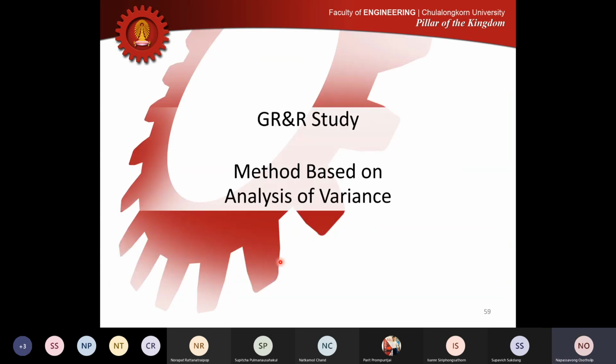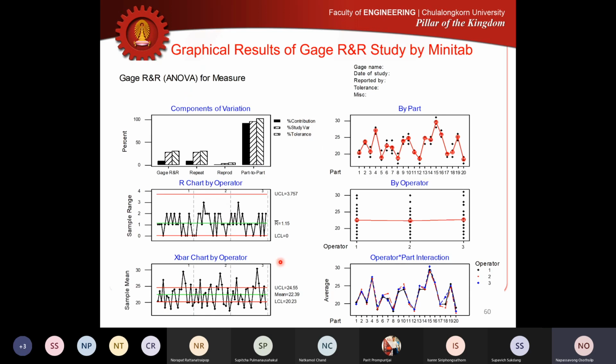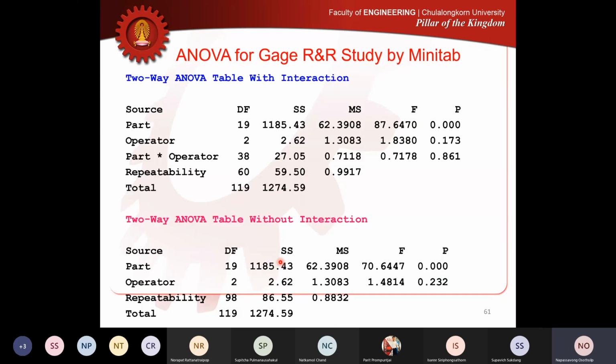And now I want to show you, if we want to do a gauge R&R study using Minitab, Minitab will give you the result like this, 6 pictures here, and the numbers from the ANOVA study.